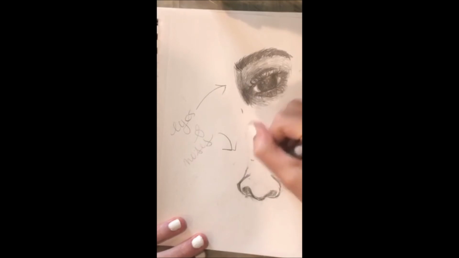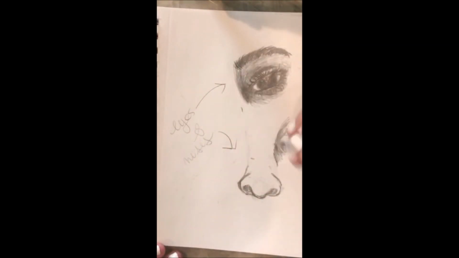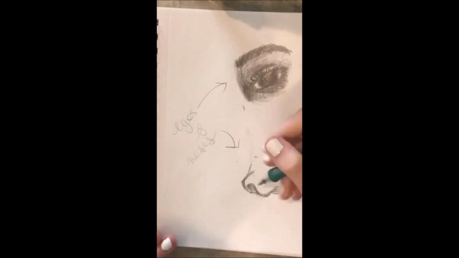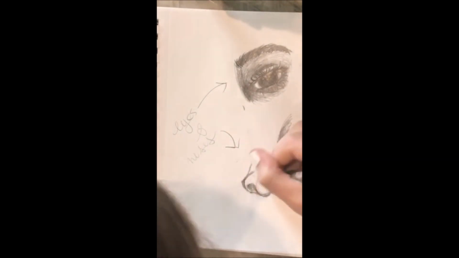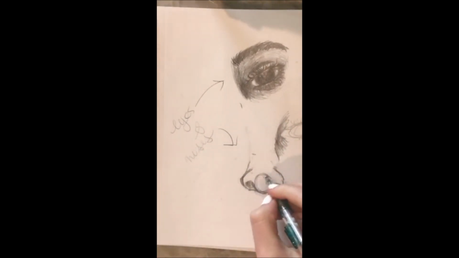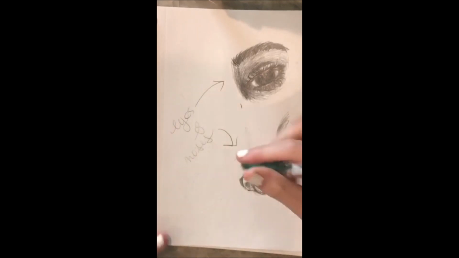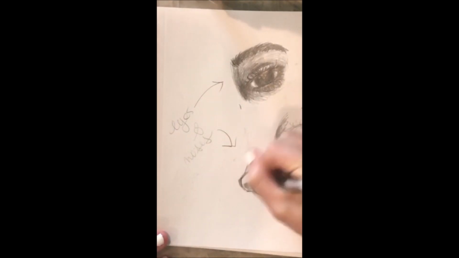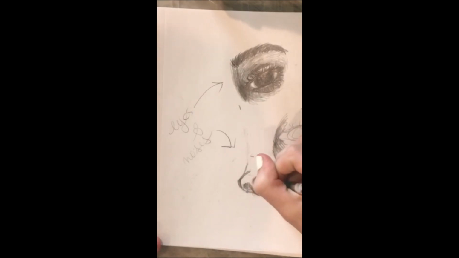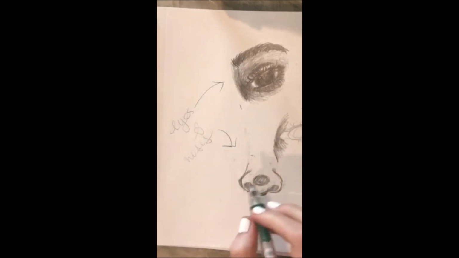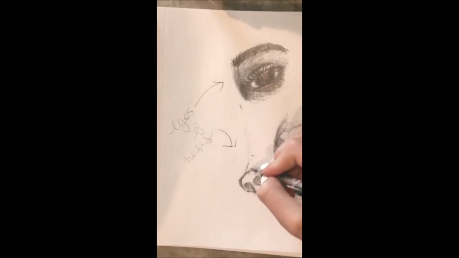So after you've given yourself a bridge line, I like to come up and shade in this area so it's not so flat and it looks more real, more 3D. And I do that by shading the top part of the nose. And then after I shade that, I come in and shade around the side parts.